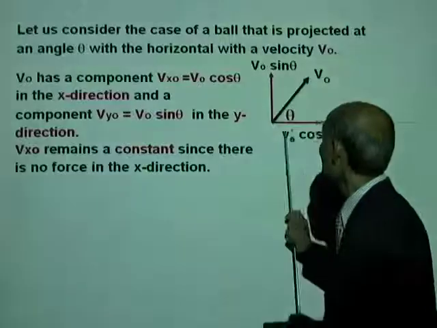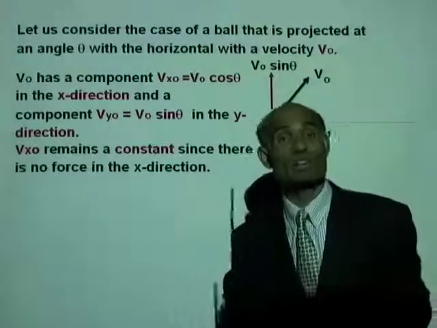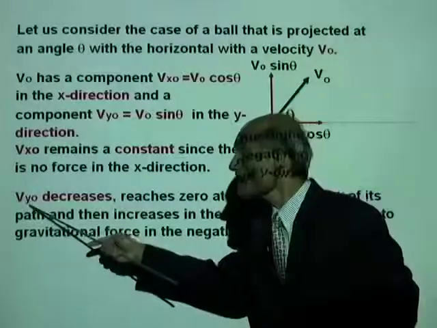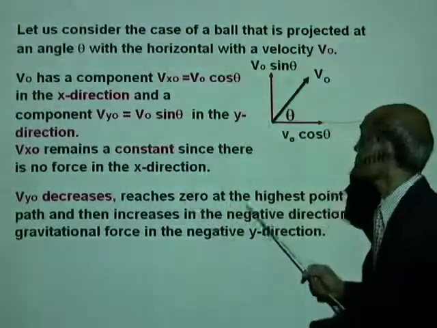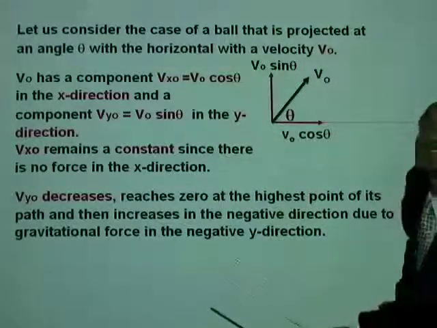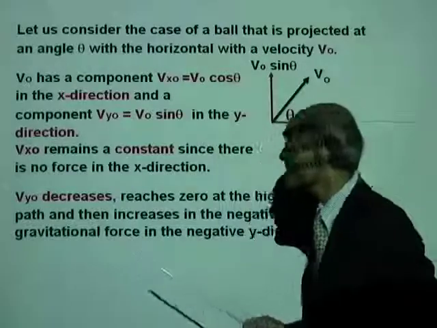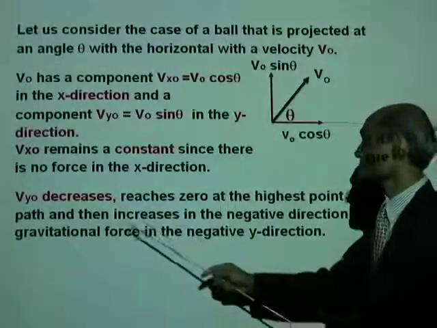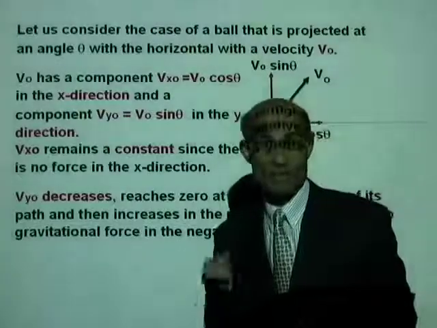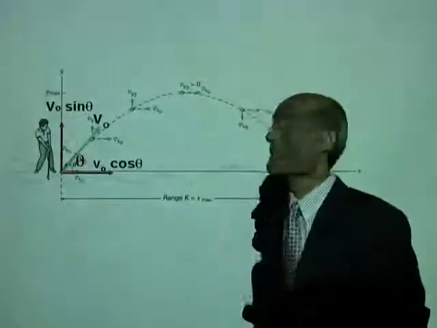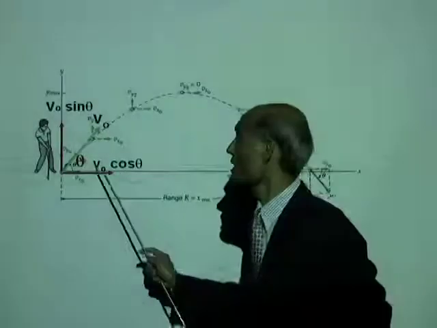The x velocity v0 cos theta remains a constant. vy0 decreases, reaches 0 at the highest point of its path, and then increases in the negative direction because of the gravitational force on it. Is that right?